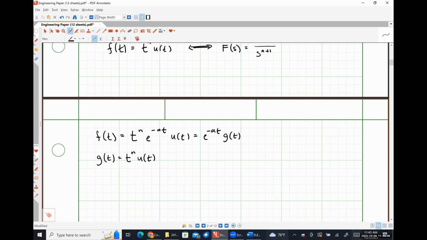Whenever we have e to the negative at times a function, that means we get to use the time shifting property of the Laplace transform, right?